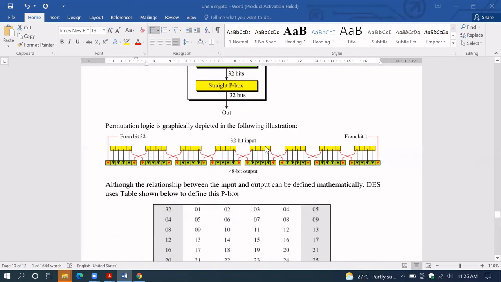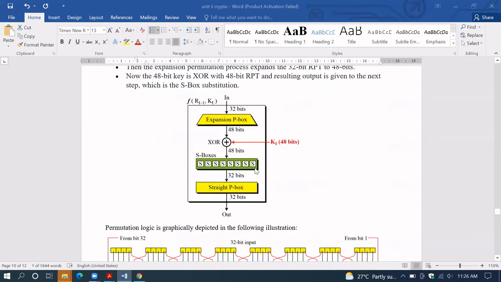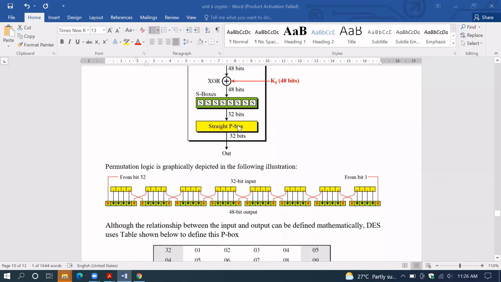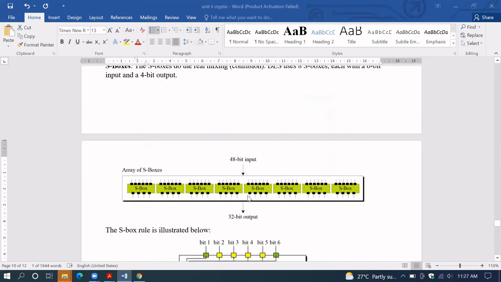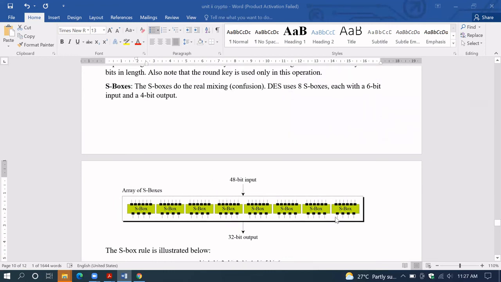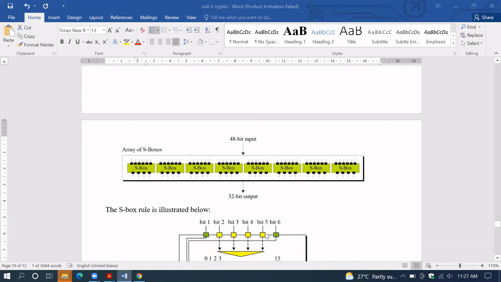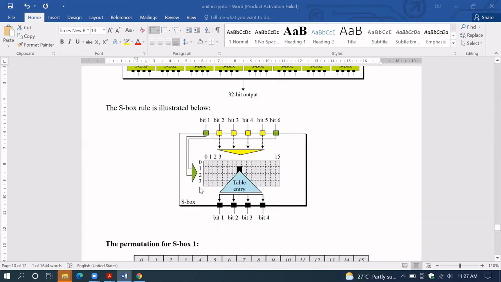That the 32-bit value is converted to a 48-bit output, XORed with the 48-bit key. The output is passed on to the S boxes. So S boxes are totally 8, each with a 6-bit input, to obtain a 32-bit output, each with 4-bit output. So it is illustrated below here.